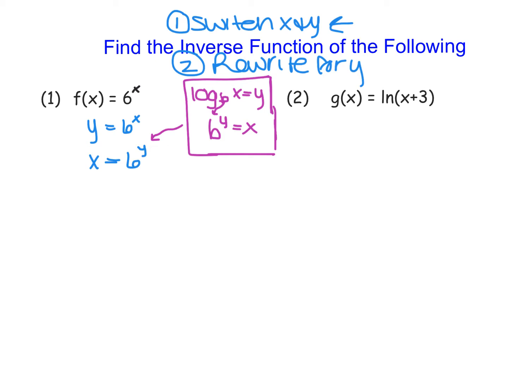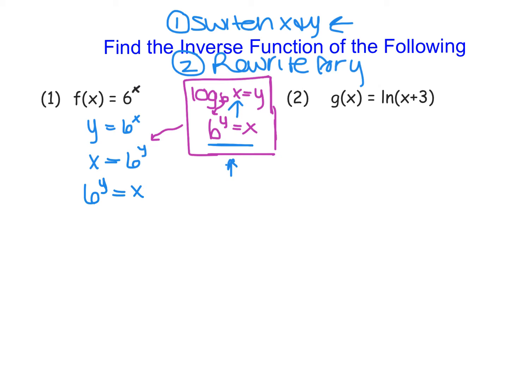So here we're going to rewrite this exponential function into its logarithm equivalent. Now, if you like it to be written in the same order as these, you can actually write this as 6 to the power of y equals x. It doesn't matter. It's up to you if you like to have it written like the property is written. So we're going to rewrite our exponential into its logarithm.